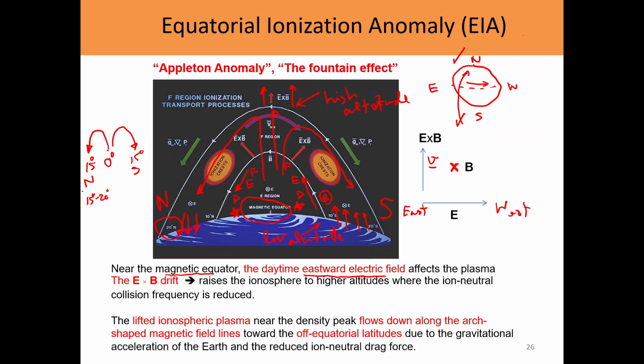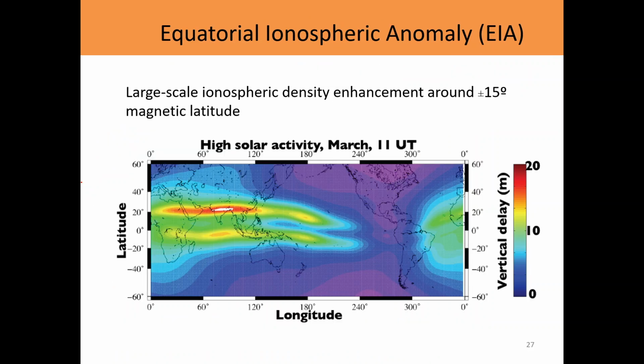So when you analyze your data, for example the electron density, and we say that at the equator or at Chumphon station we have a high value, actually if you look at 15 to 20 degrees north or south, they should have higher values because of the EIA.